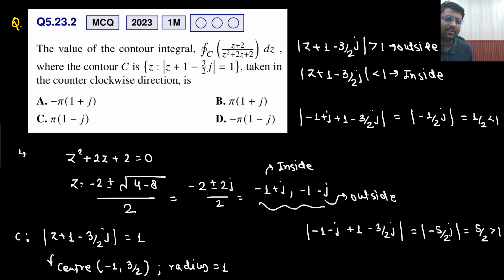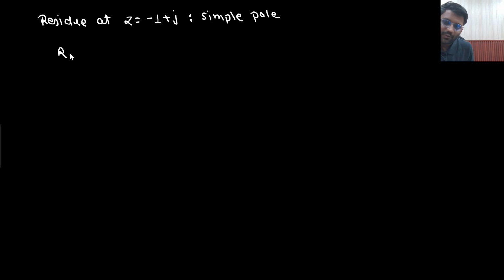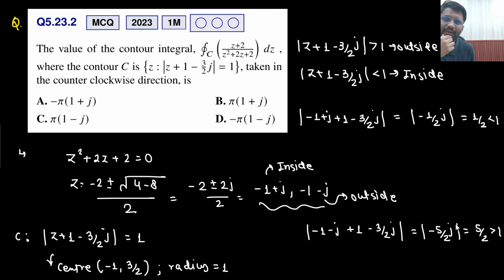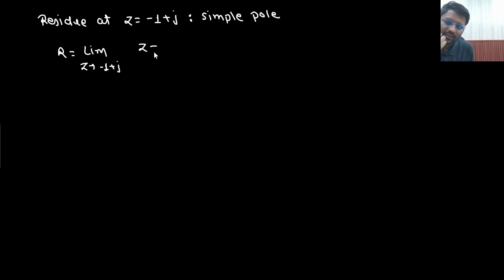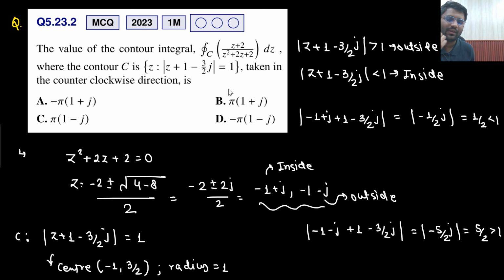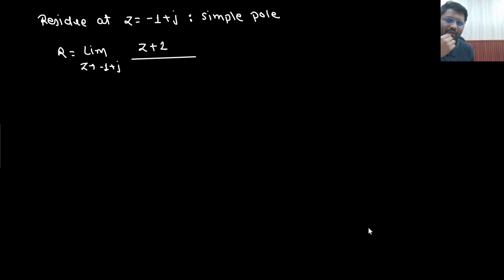Residue would be limit z tending to minus 1 plus j, numerator as it is, z plus 2, divided by the differentiation of the denominator. What is the differentiation? That is 2z plus 4. So directly I can notice here, sir, it will come out to be 1 by 2.